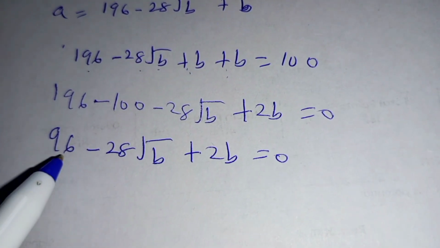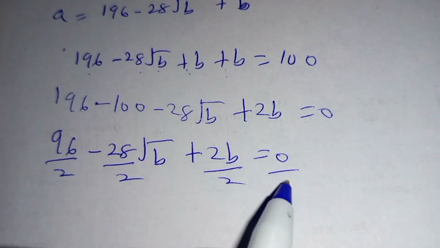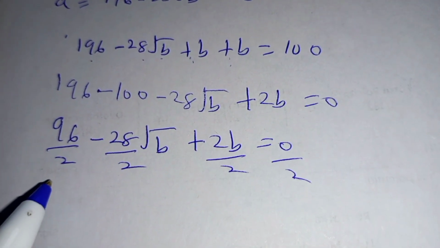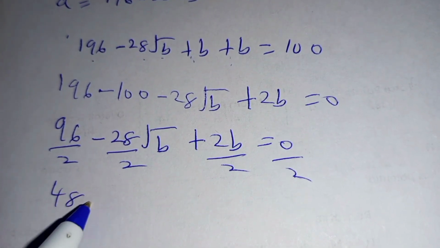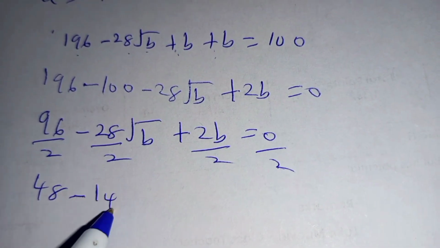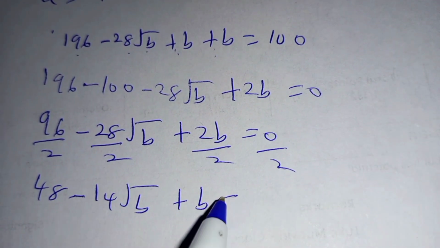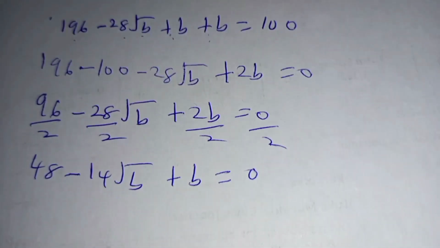We can divide by 2 throughout. 96 divided by 2 is 48. Negative 28 root b divided by 2 is negative 14 root b. 2b divided by 2 is b. 0 divided by 2 is 0.